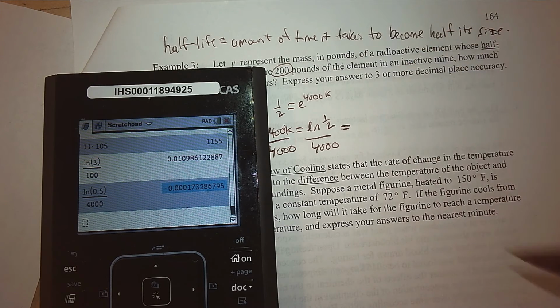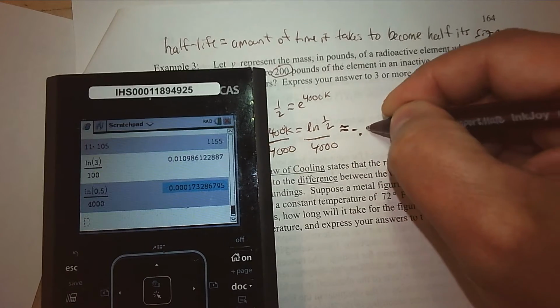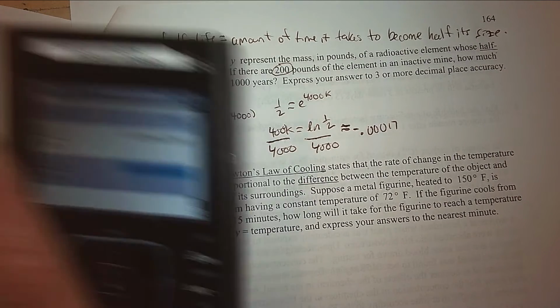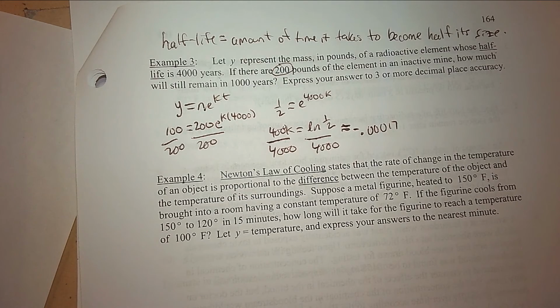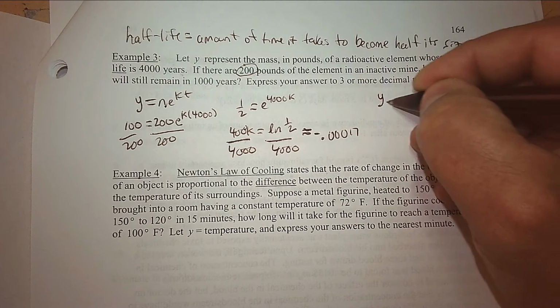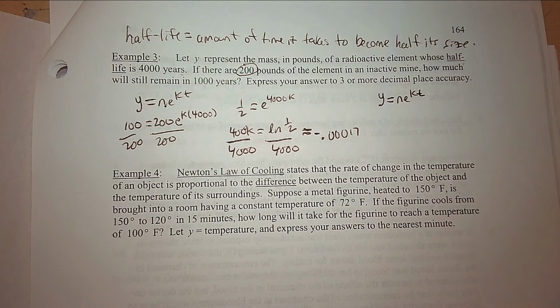Now, on my page, I'm just going to round approximately what it is. Negative 0.00017, right? But we know it's way more decimals than that, and it's saved in our calculator. Now what do I do? Again, I write down y equals Ne to the kt.